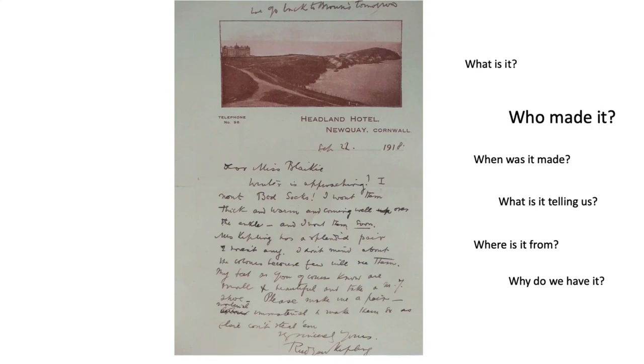The next question is, who made it? Now, letters are great for this because they more often than not have a from and then the person who wrote it. In this case, we've got Sincerely yours, Rudyard Kipling. So what we can do is find out more information about Rudyard Kipling.